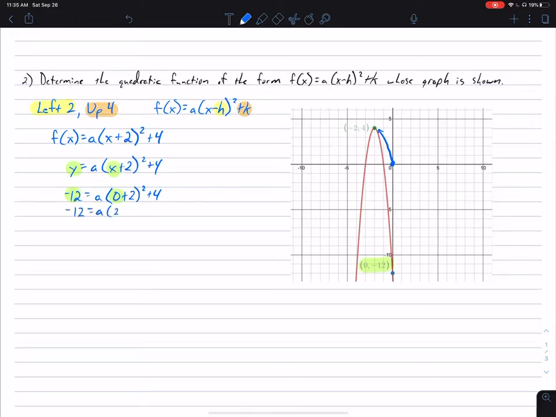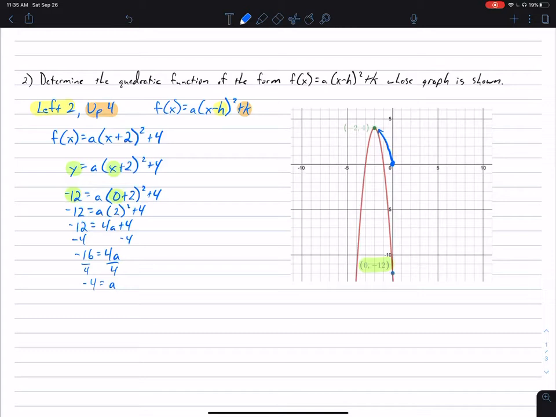So 0 plus 2 would be 2 squared plus 4. So I'm going to get negative 12 equals, 2 squared would be 4, so I have 4a plus 4. Subtract 4, then divide by 4. So a is equal to negative 4. Now, how do we know that's correct?